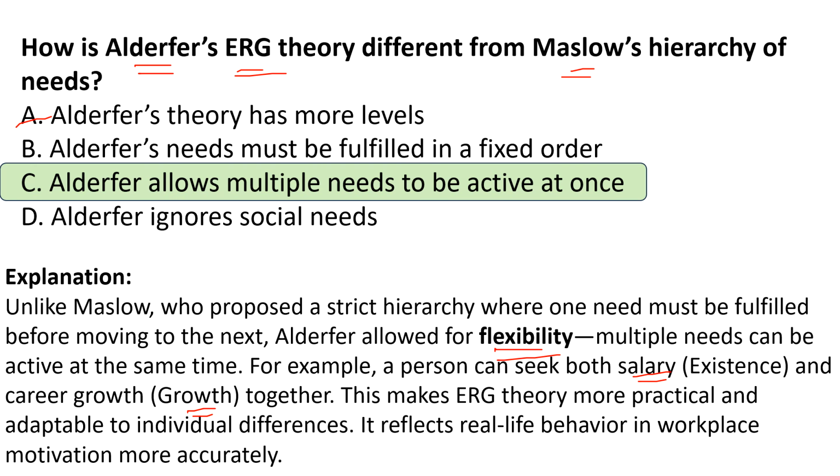These are the needs, and they are satisfied simultaneously, at once. This makes ERG theory more practical and adaptable to individual differences. It reflects real-life behavior in workplace motivation more accurately. This is a more refined version of Maslow.